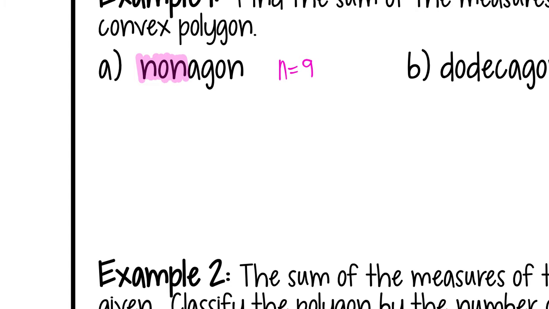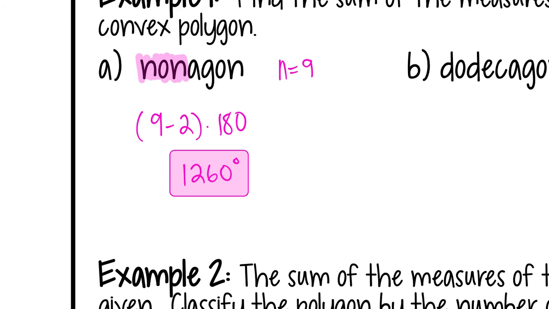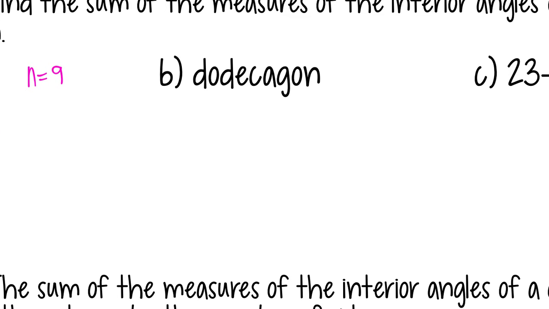So if I plug that into our formula from earlier, we would have (9 - 2) times 180. So just put that into the calculator all at once, and we get 1,260. So a shape that has 9 sides would have an interior angle sum of 1260. Okay, the next one is a dodecagon.